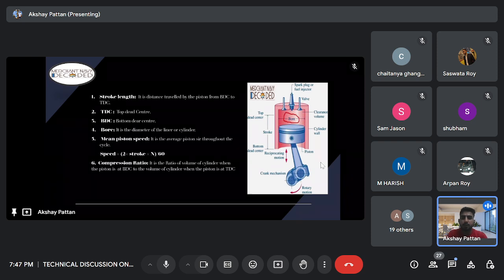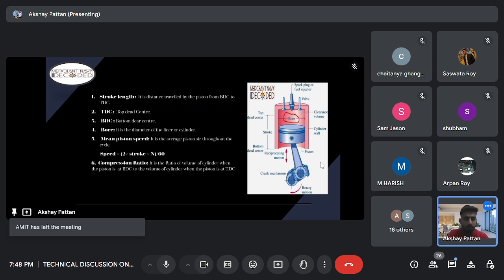So next one is the compression ratio. As I said, it is the volume of cylinder when the piston is at BDC, that is at bottom dead center, to the volume of cylinder when the piston is at TDC, that is at the top dead center.